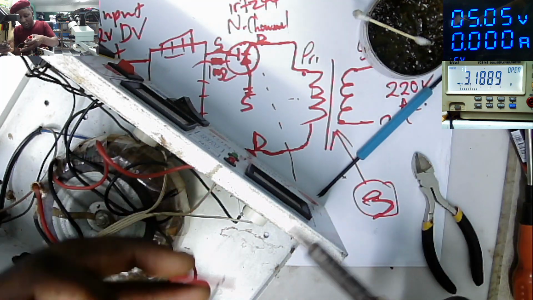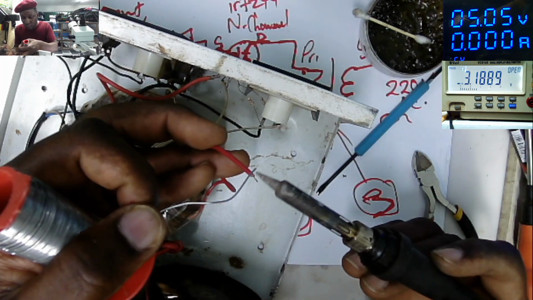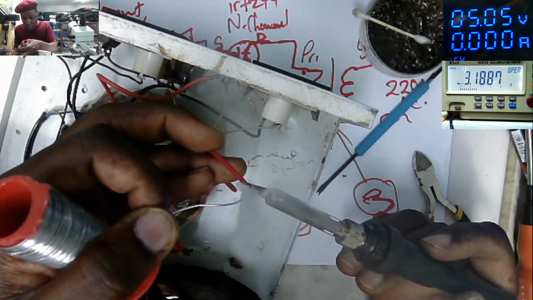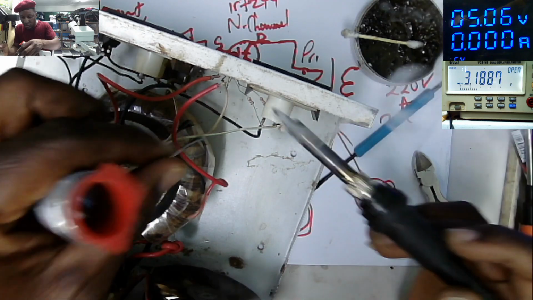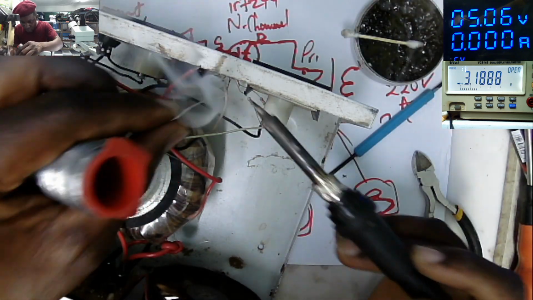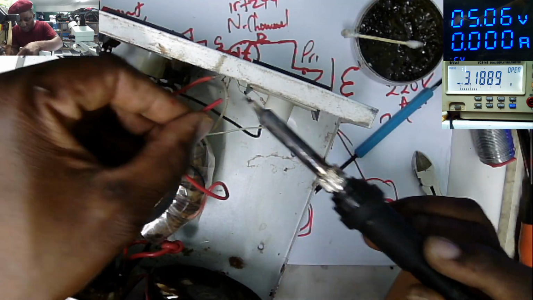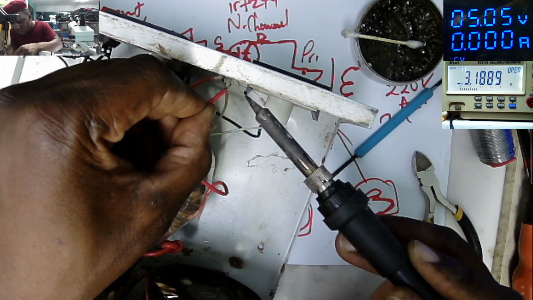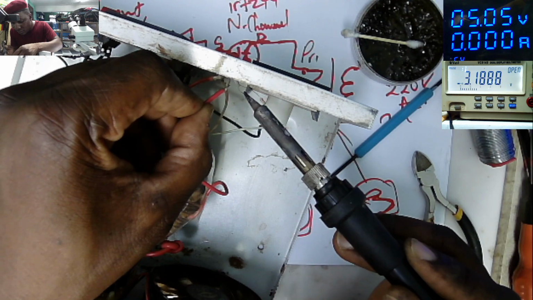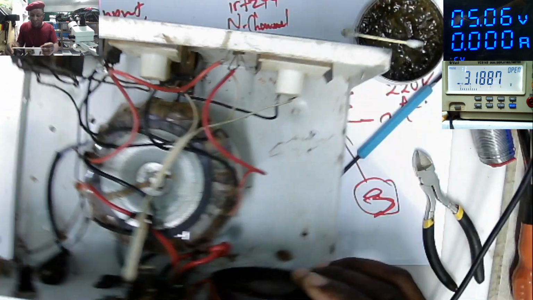Let's resolder back this wire, which is going to the LED. After that, we can test the inverter. That's all.